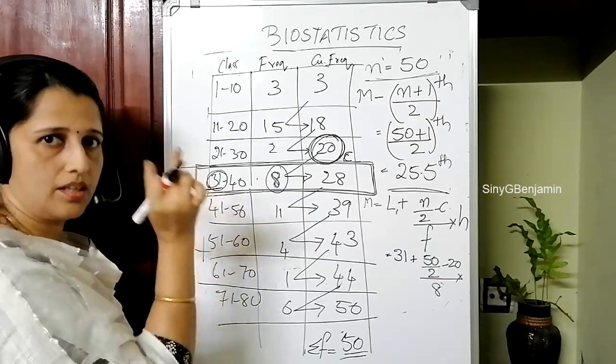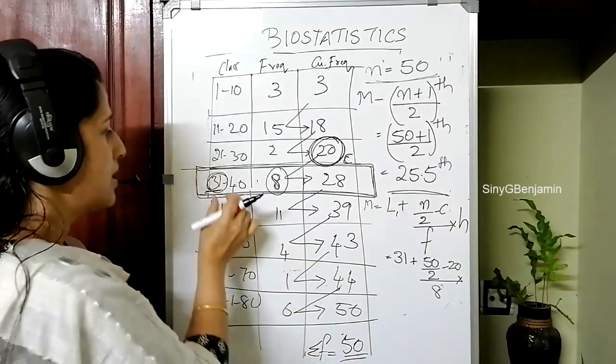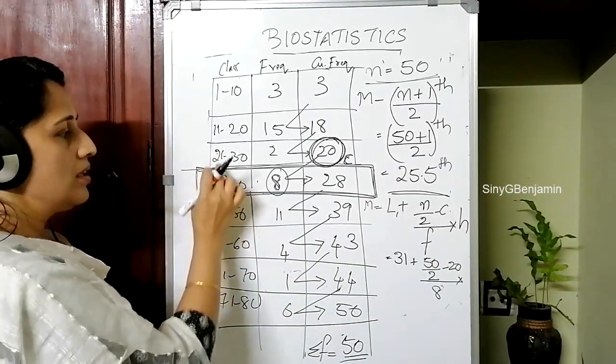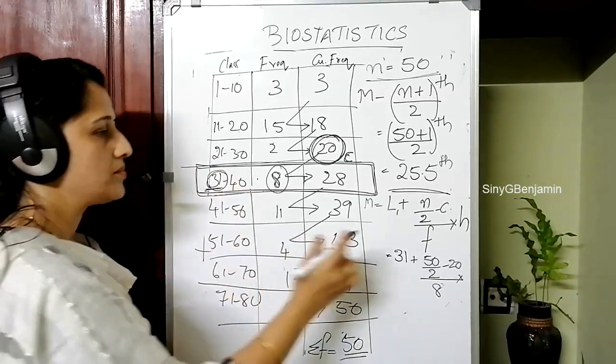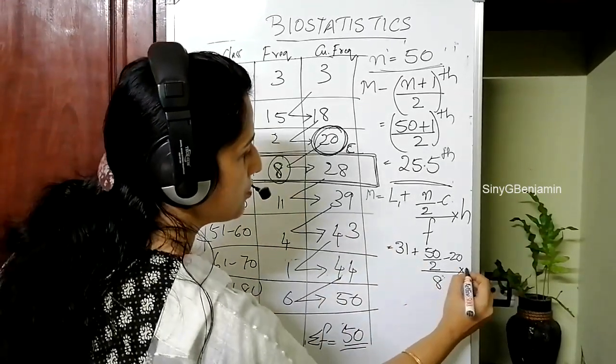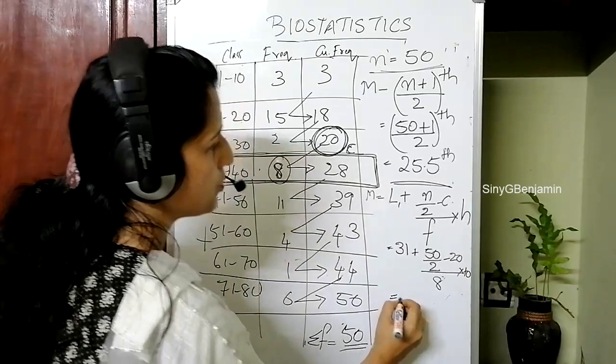The class width I've mentioned in the previous tutorials, class width is equal to 10, into 10. And you have to substitute.